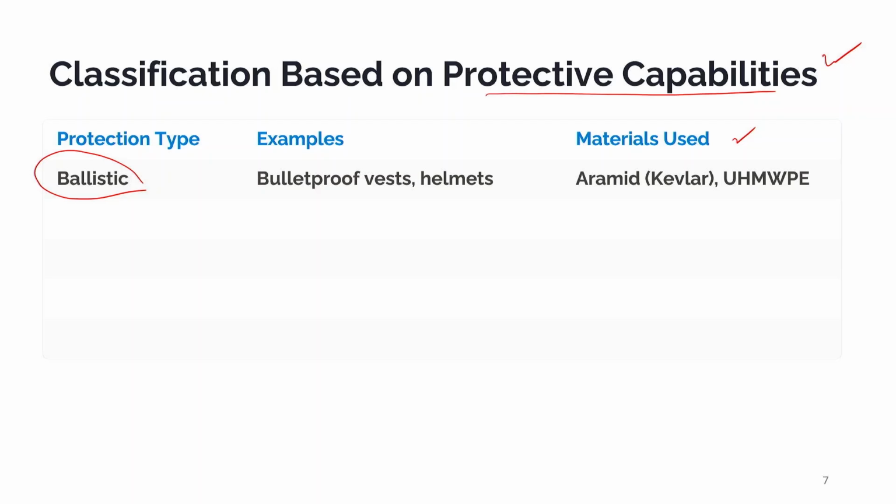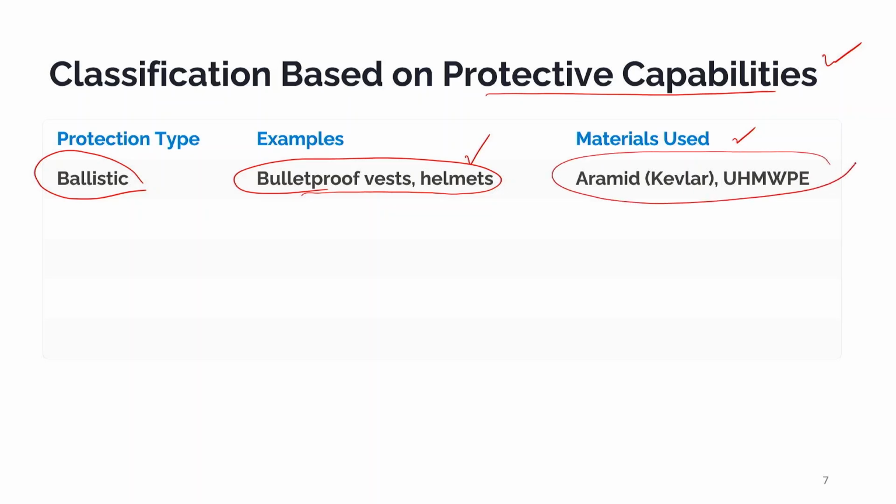Examples are bulletproof vests and helmets, where there may be a chance of a projectile coming. For those applications we use ballistic protection. Here aramid fiber like Kevlar and ultra high molecular weight polyethylene are very commonly used nowadays for bulletproofing. Okay.